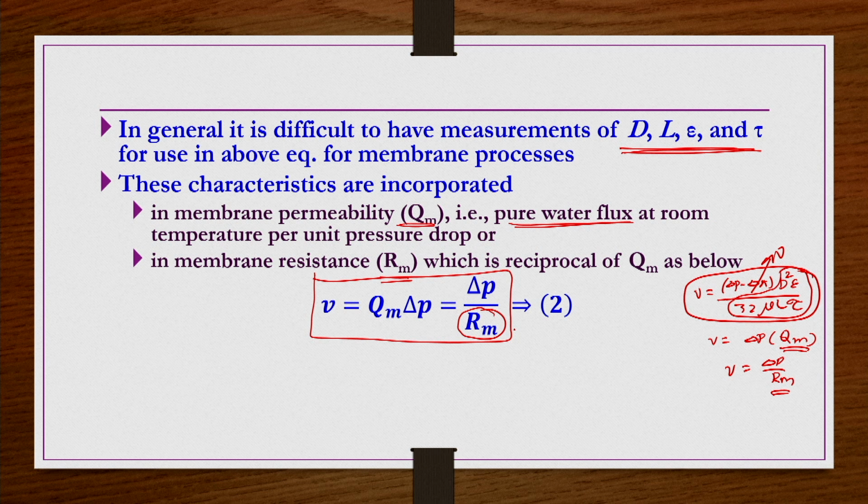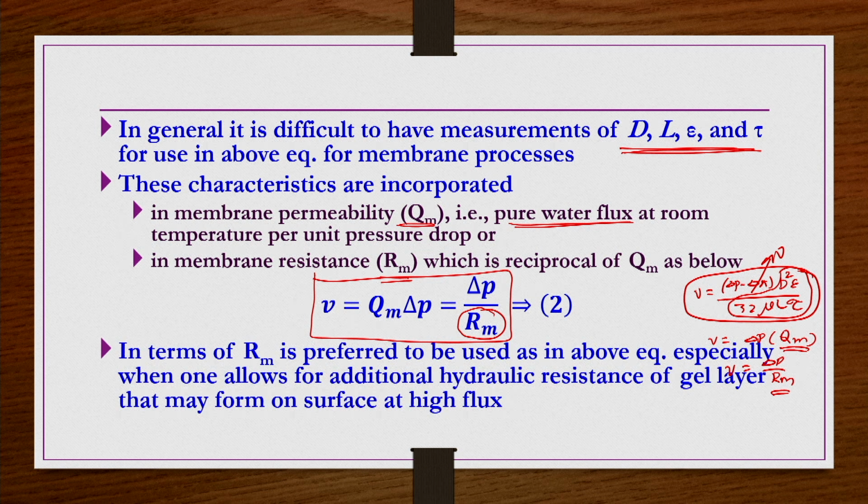In the pure water case, there are no particles, so there is no gel formation. But when you take the solution, this Rm should be added with R gel, the resistance due to the gel, and this delta P has to be subtracted with the osmotic pressure, that is, minus delta pi should be added, as we are going to see.